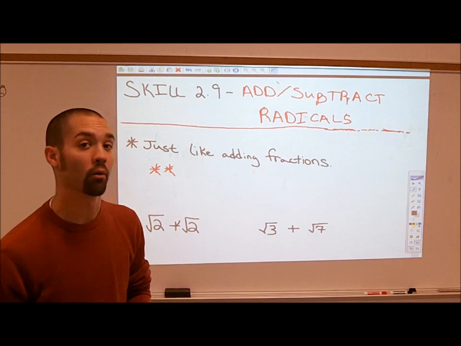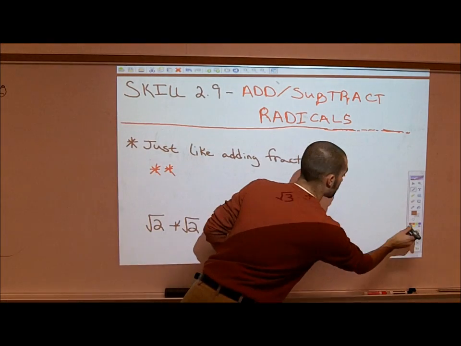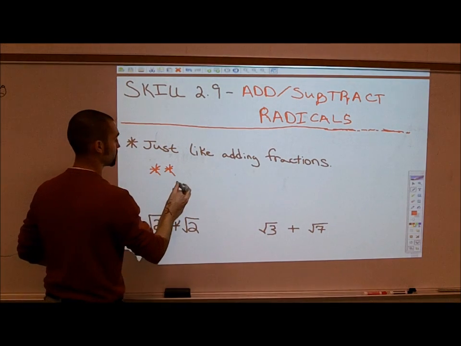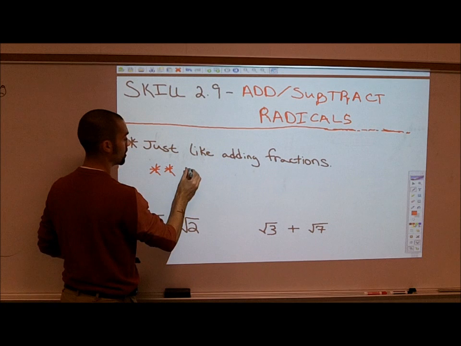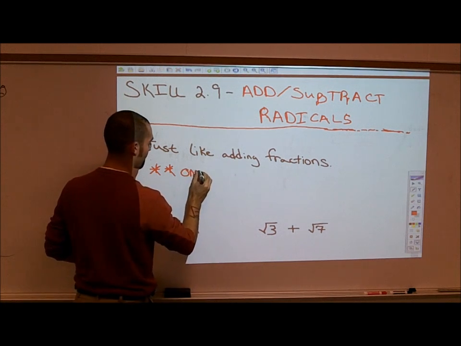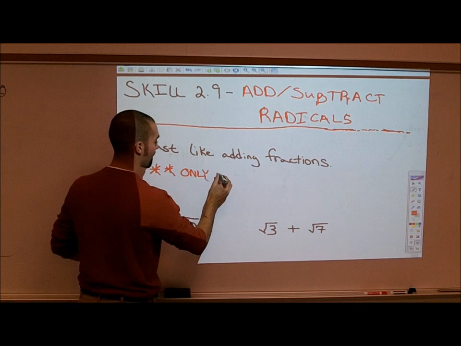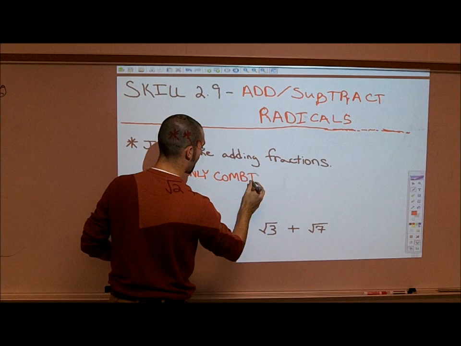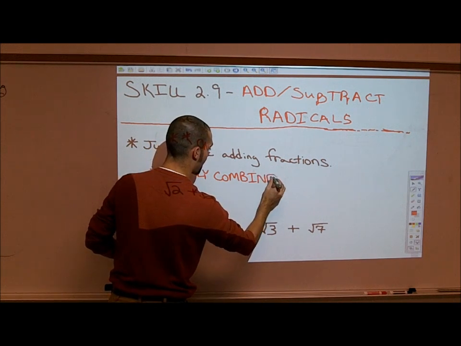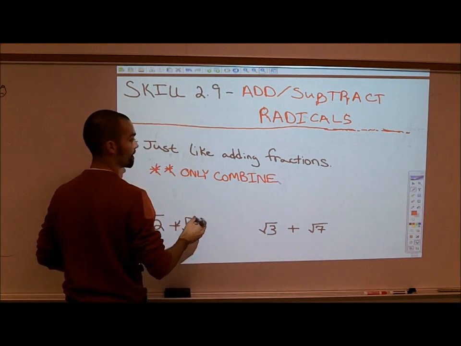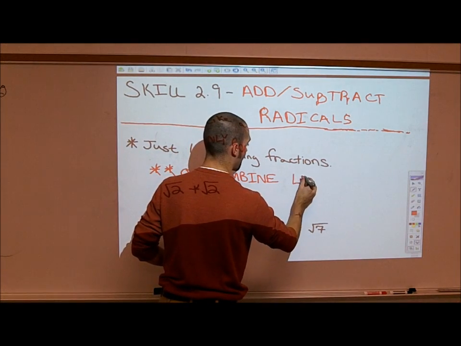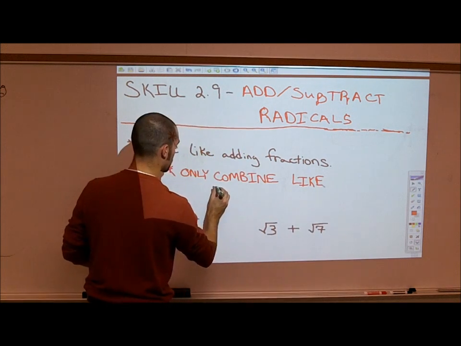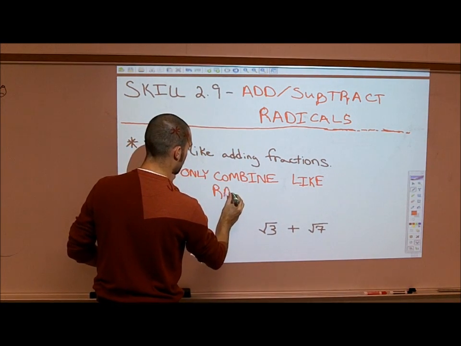What's true about radicals is you can only combine like radicals. So go ahead and make sure you have this down. Only combine like radicals.